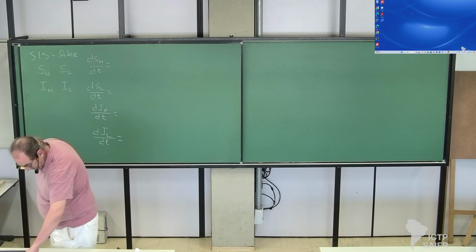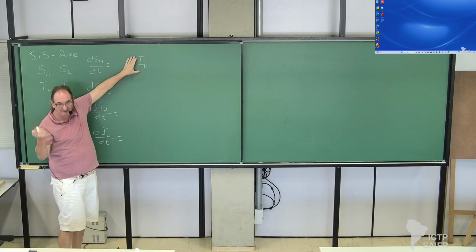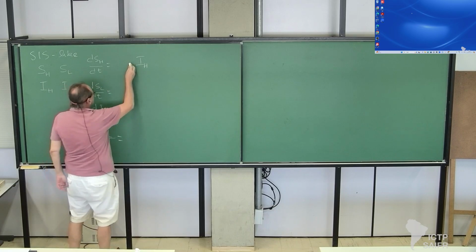And then how many new infections will this individual of the high risk group create? That will be something proportional to the number of contacts.